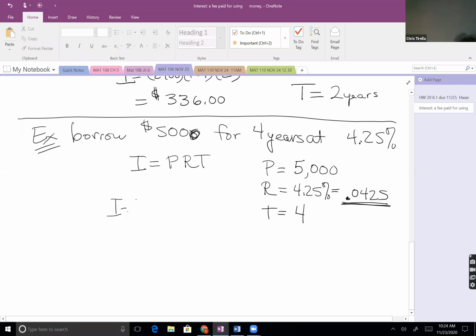So when we substitute, we get P is 5,000, R is 0.0425, T is 4. And so what's the interest? 85.